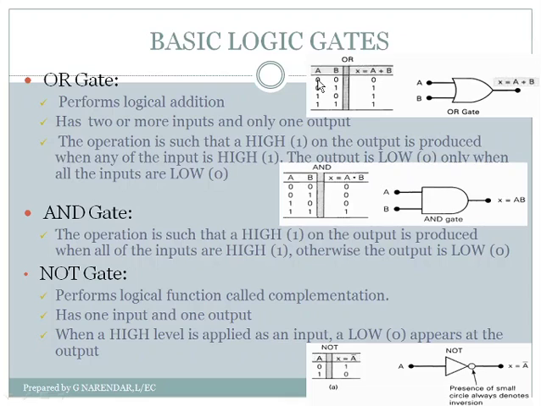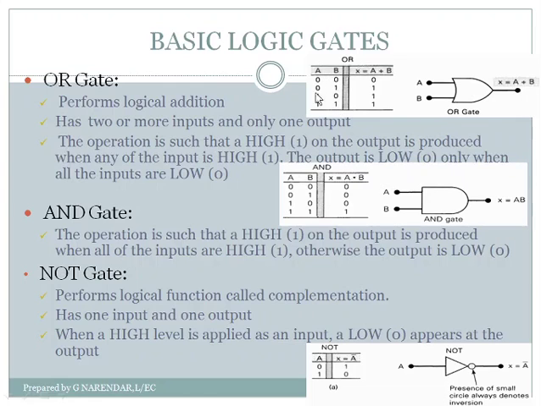In one case A can be 0 and B can be 0, in another case A can be 0 and B can be 1, in some other case A can be logic 1 and B can be logic 0, and in another case A can be 1 and B can be 1 also.